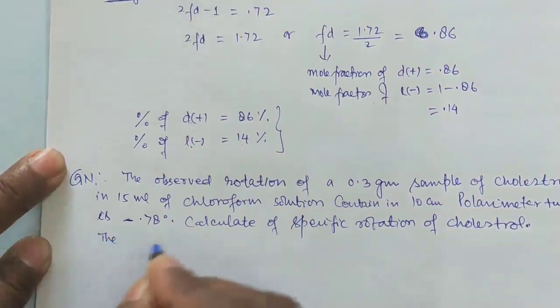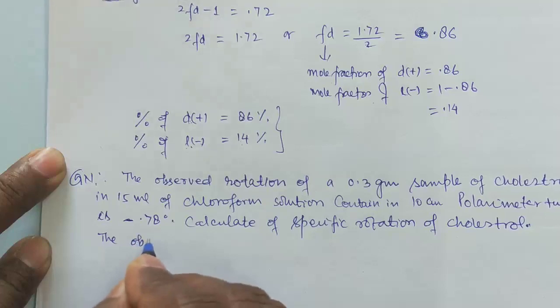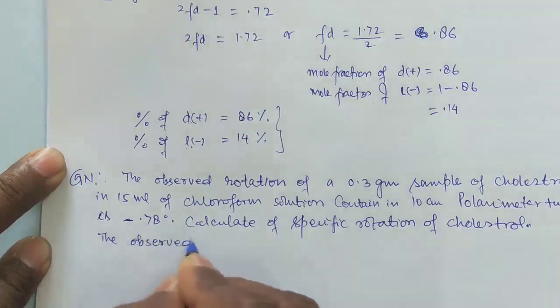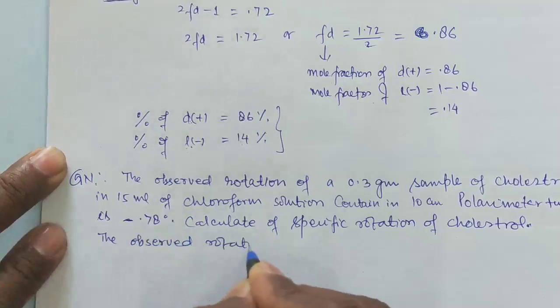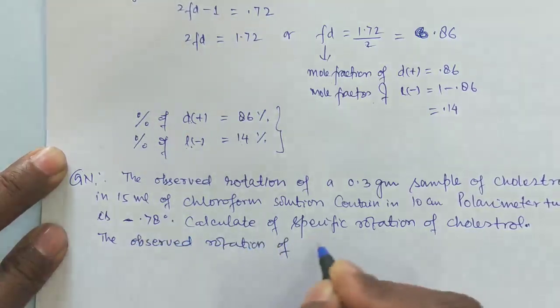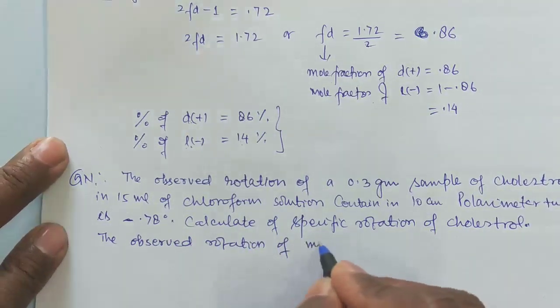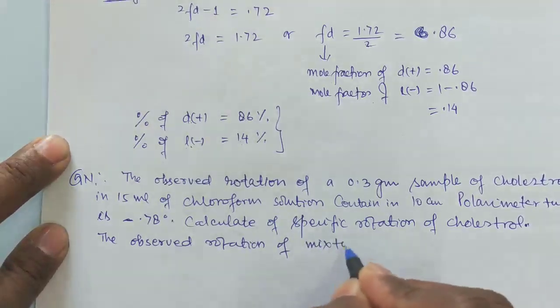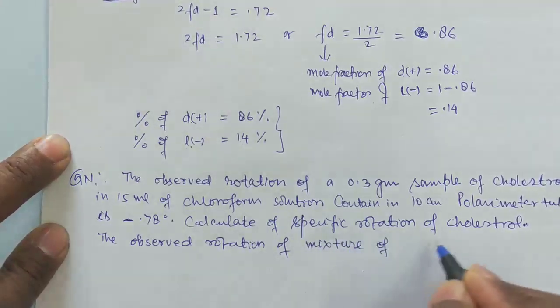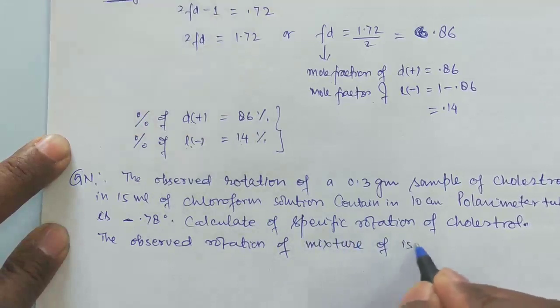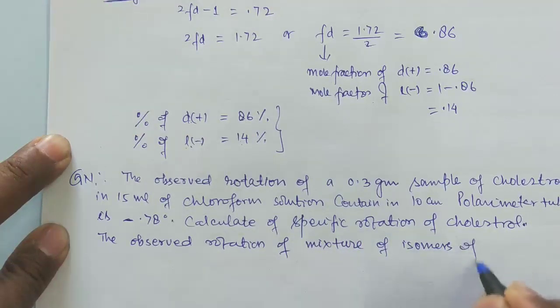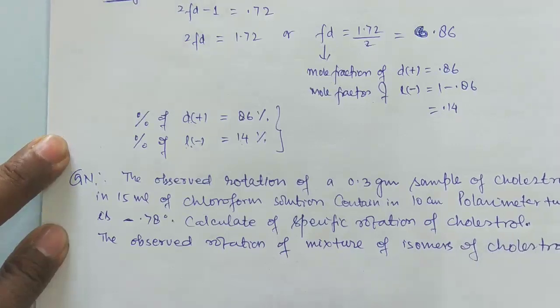The observed rotation of a mixture of isomers of cholesterol is minus 13 degree.